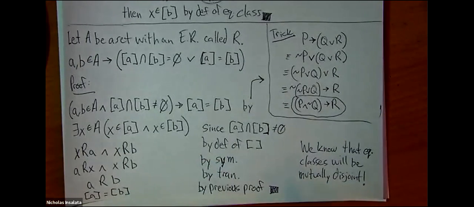Right? Now we're halfway to the definition of partition, right? Because a partition has subsets that are mutually disjoint. What else do those subsets have to be to make a partition?